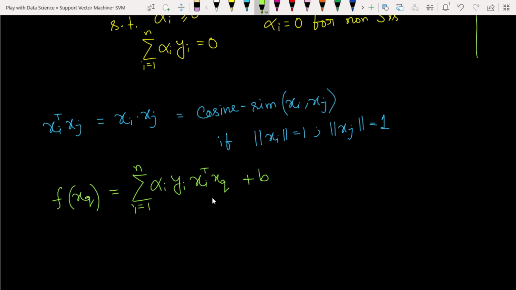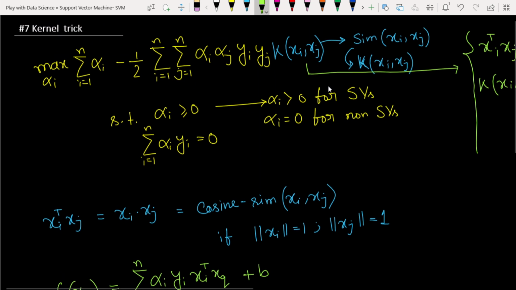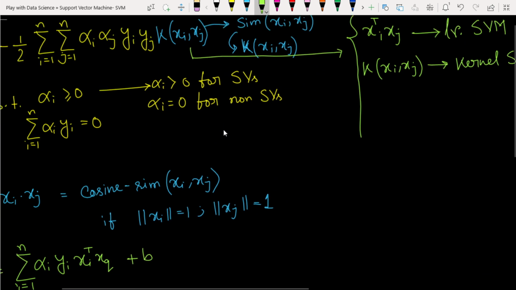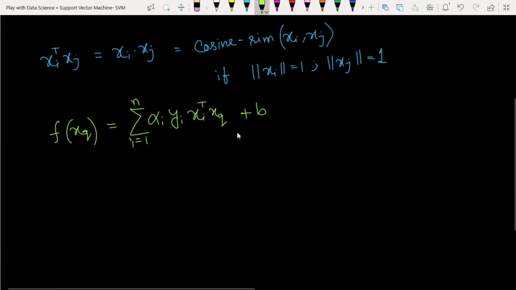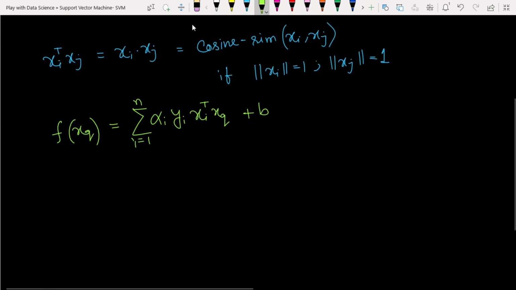For linear SVM we use this query function, but in kernel SVM we are not using this function. Here we are using the kernel function, kernel of xi comma xk.